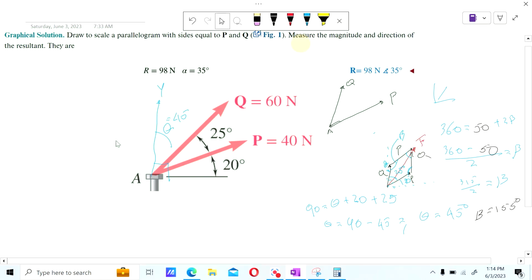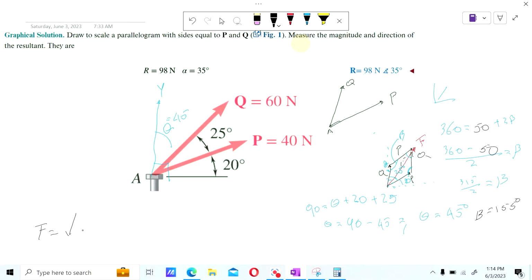Okay, so with that we can do the cosine law because we need to find the total force. And if you remember, we have a video about that, so we should just be able to go ahead and look at the video.